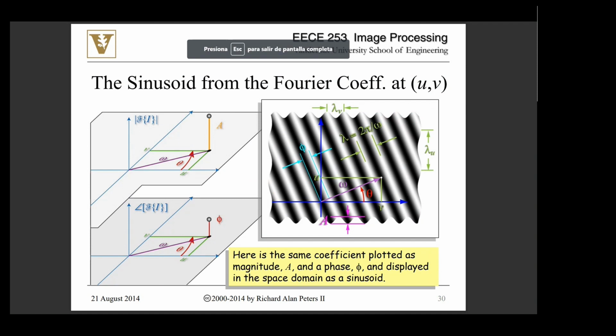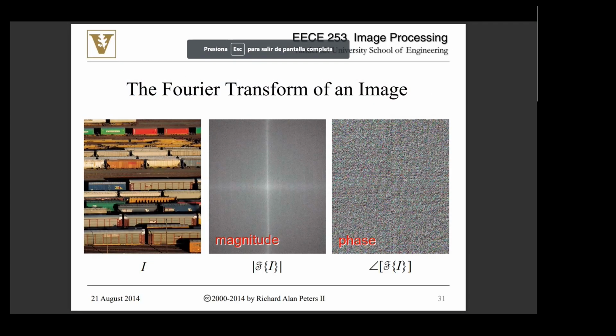And then we will relate all these issues of phase, frequency, wavelengths, and so on. And we will do the Fourier transform of images. So we have an image, and now if you have a Fourier transform, you will have for every frequency, so this plane is frequency, and then you have an amplitude for those frequencies, and we will also have a phase.